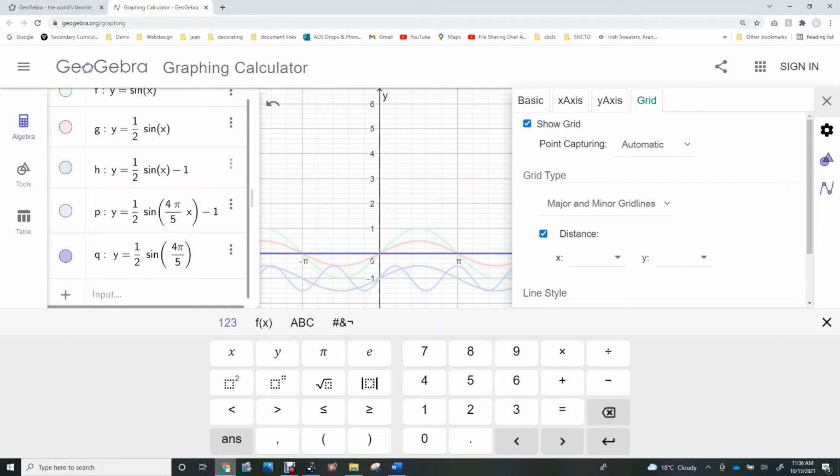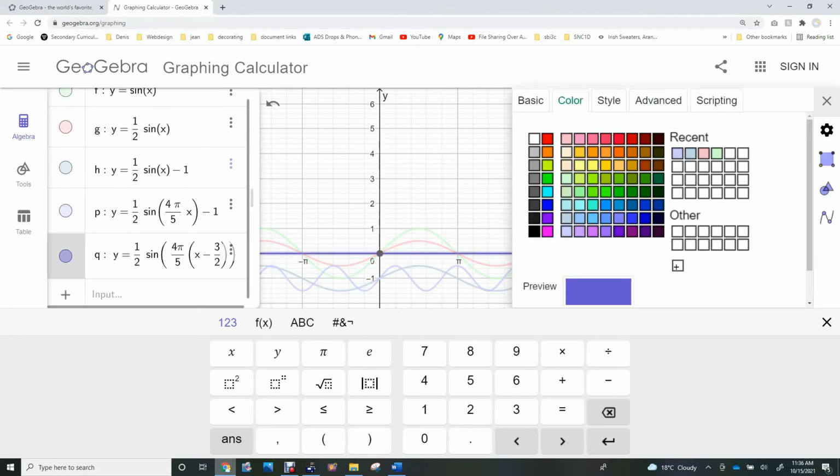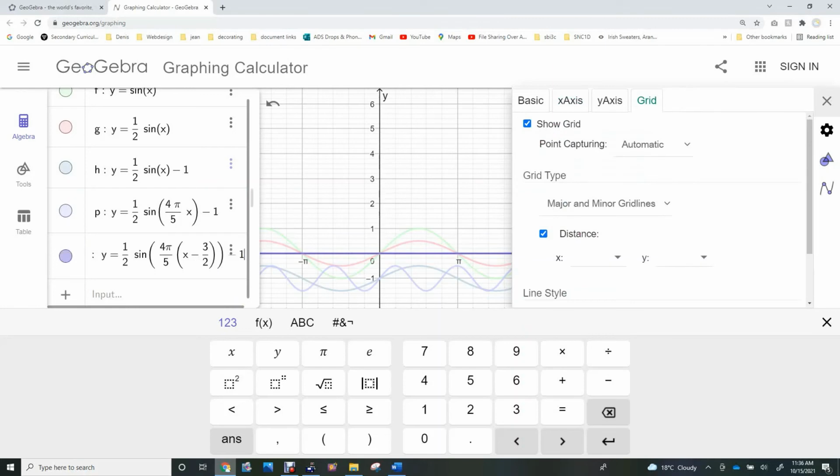Now in here we need another bracket, and we're going to say x minus 3 divided by 2. And we're not going to say x equal, we're going to say x minus. Okay? Then you're going to come outside both closing brackets minus 1.